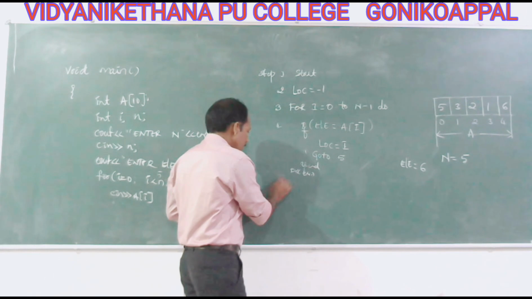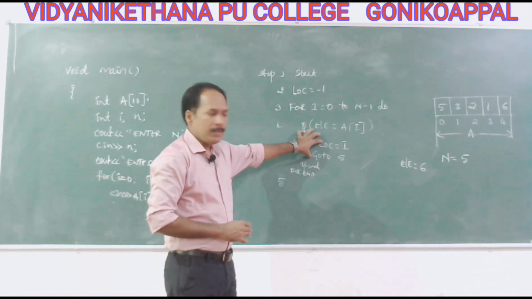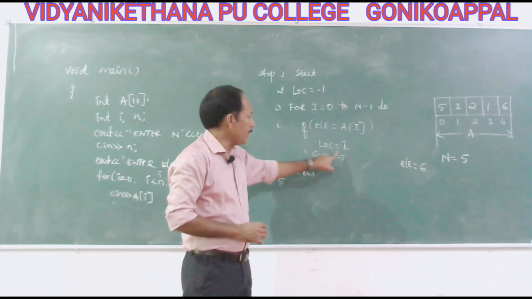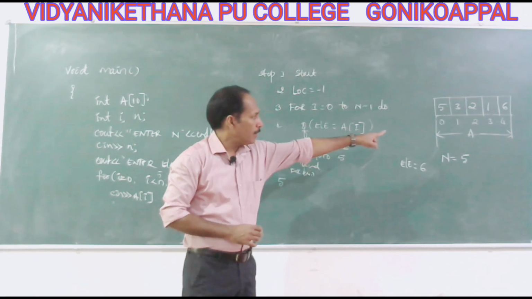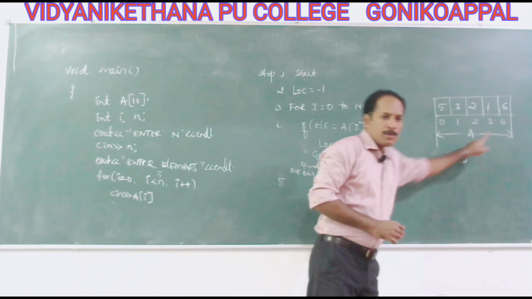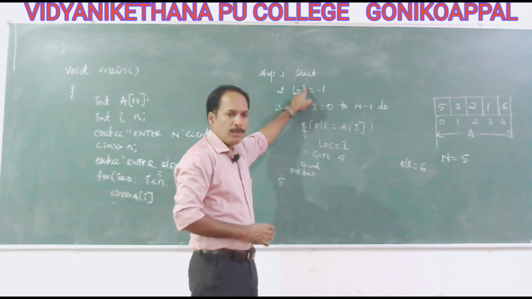So after this repeating, there are two possibilities. This location may be negative, -1, or it may be positive, some I. I runs always from 0 to n minus 1. So if this is true, the location will be positive, otherwise it will be negative.